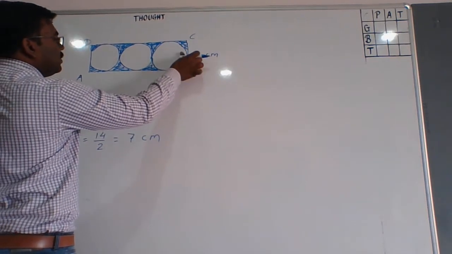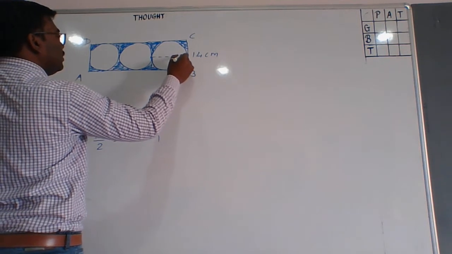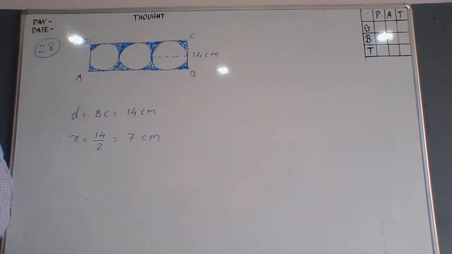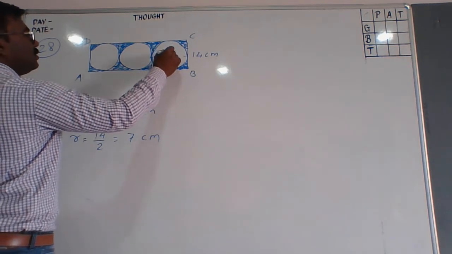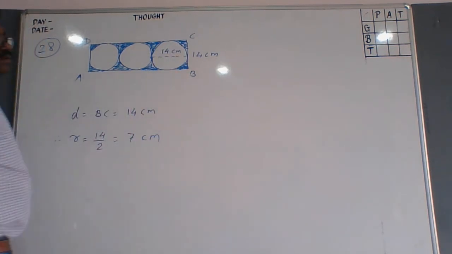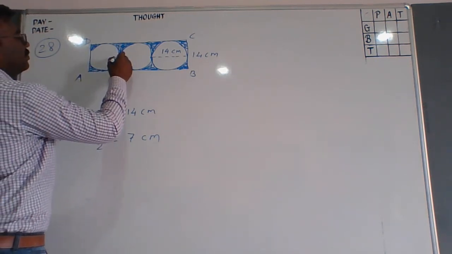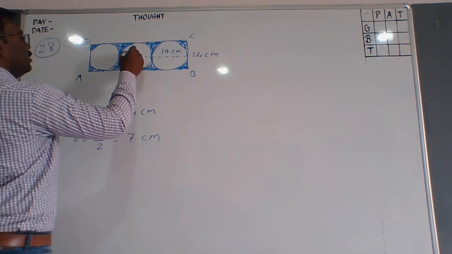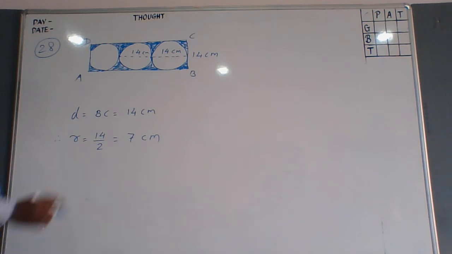Can we say that this is the diameter of the circle and it is 14 centimeter? Okay. As we can say, all three circles are the same. Therefore, this is also 14 centimeter, the diameter of the second circle.